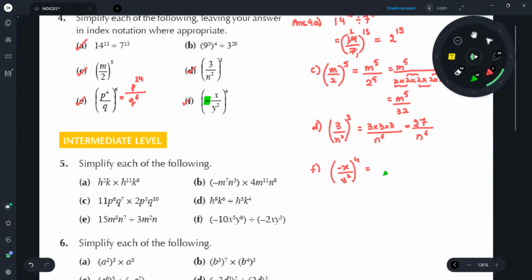So can I say it is minus x to the power 4 whole upon y to the power 8? And then if the power is an even number, the answer is going to be a positive answer, x to the power 4 over y to the power 8, and that's very well said, Hassan. Thank you.